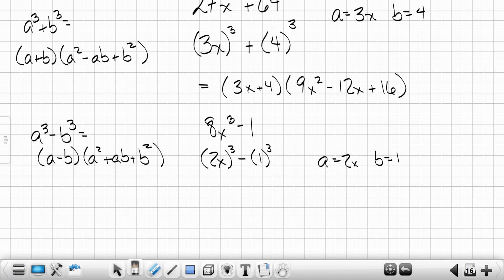I'm going to show you guys a little mnemonic device to remember this. So this is going to become 2x minus 1 times 4x squared plus 2x plus 1. Okay.